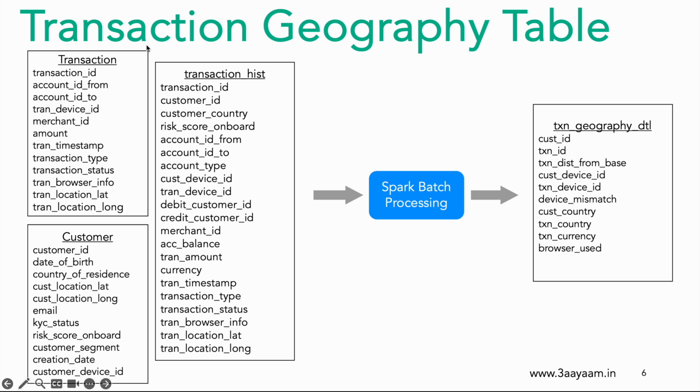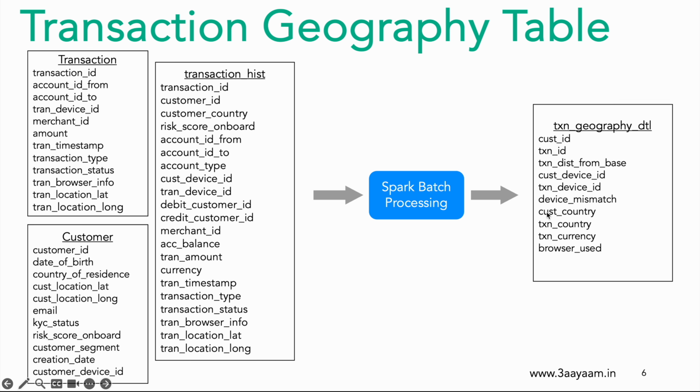Similarly, in the transaction table, we have transaction location latitude and transaction location longitude. So you'll have to find the distance between the customer location and the transaction location using the lat long that I have provided. And that would be the transaction distance from base, meaning how far from the base location the customer has performed the transaction.